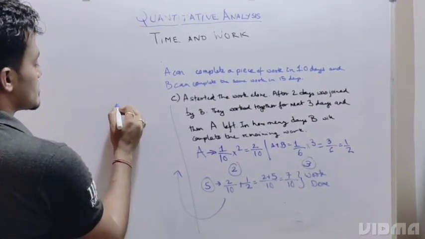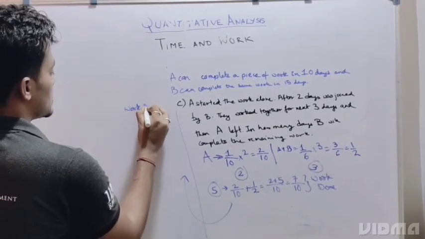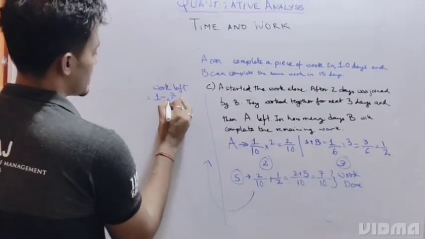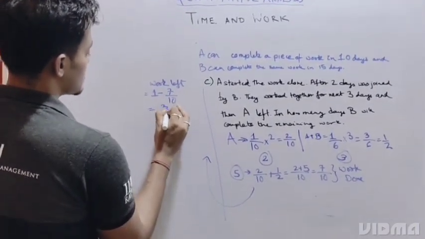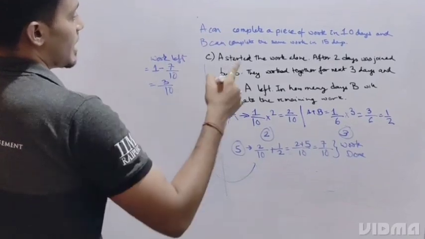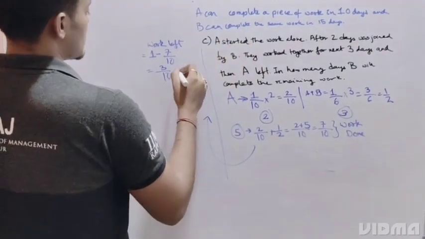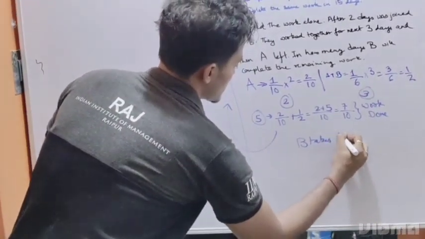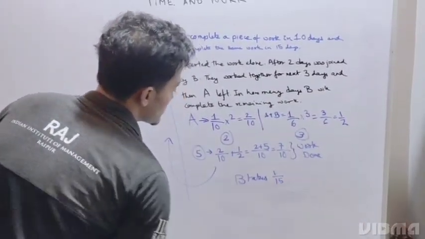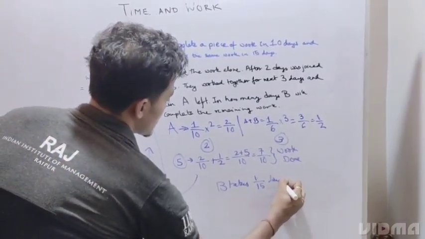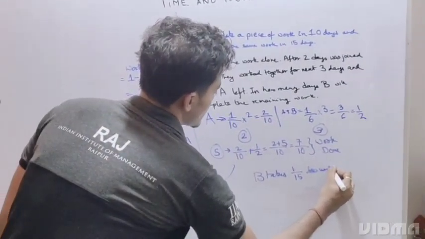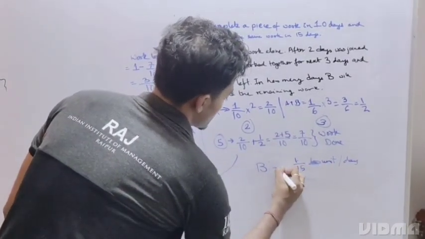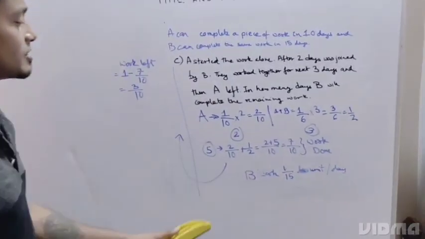So work left is equal to 1 minus 7/10, that is equal to 3/10, and B takes 15 days. B works 1/15 unit per day.